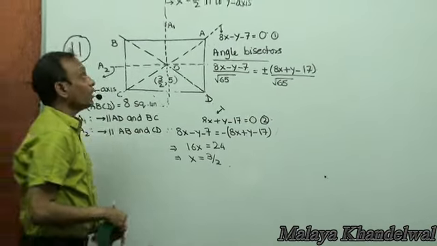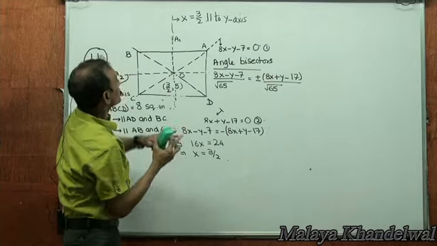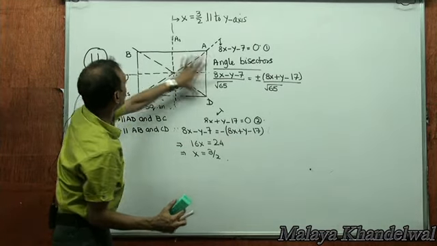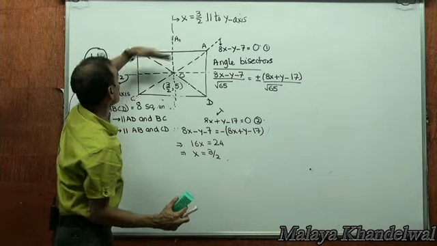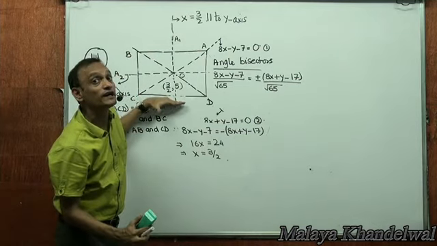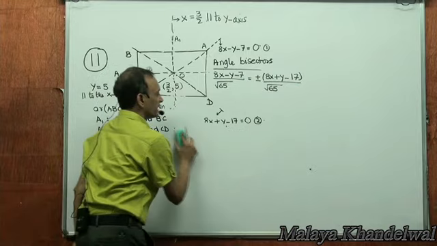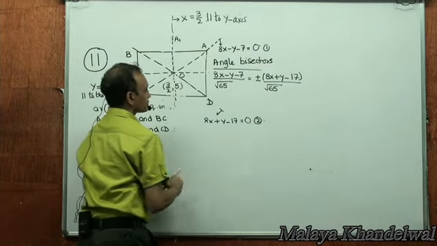If it is parallel to the y-axis, very clearly AD and BC will also be parallel to the y-axis. AB and CD will be parallel to the x-axis. Now, let's go a step further.